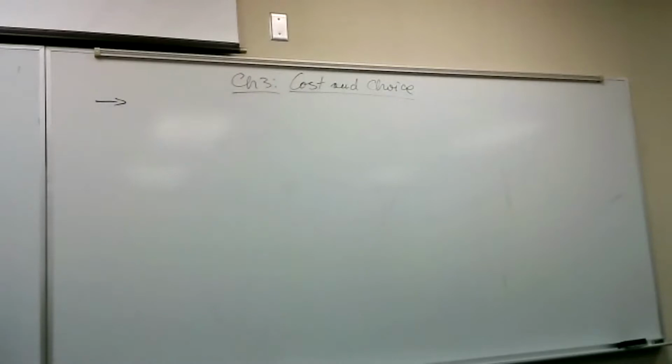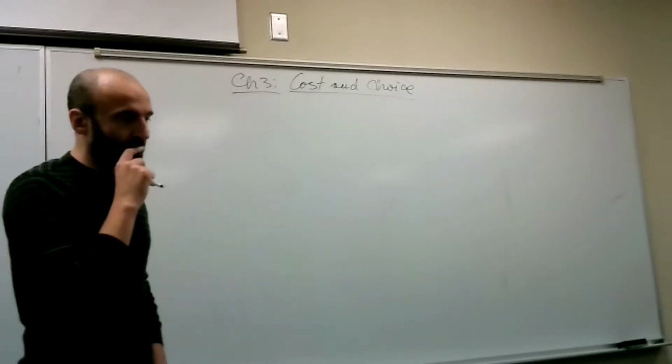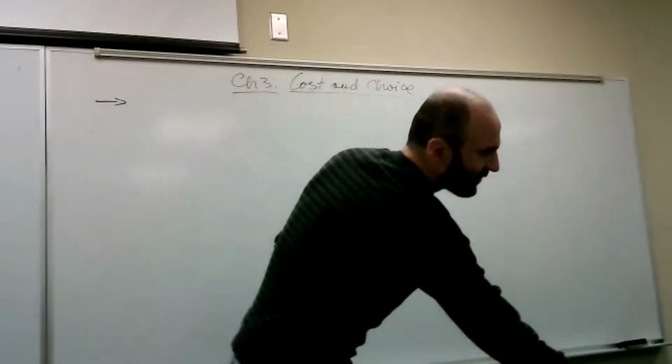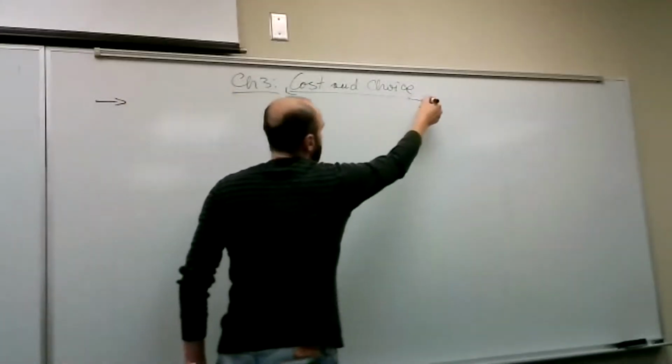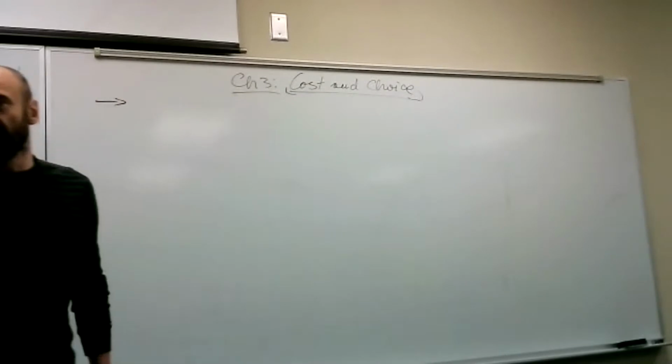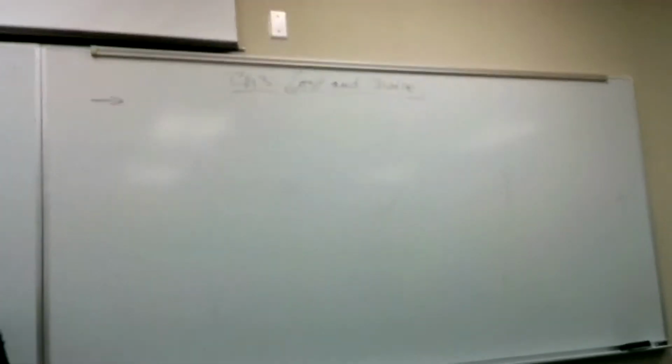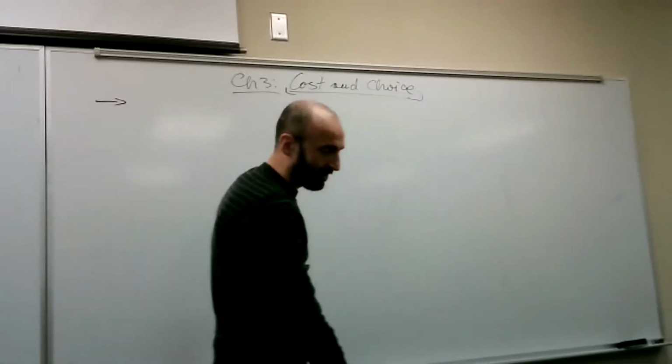Okay, cost and choice. There are 3 or 4 main things we're going to be covering. The first one, as you may remember, the discussion of the relationship between cost and choice was one very prominent topic from the very beginning.